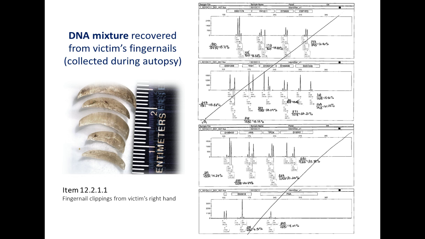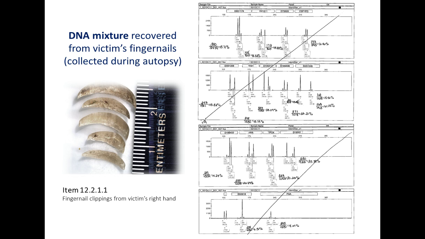So in addition to the eyewitness identification, during the victim's autopsy, they collected the fingernails of the murder victim because the eyewitnesses had said that he struggled, he fought for his life. He was stabbed multiple times during this altercation.